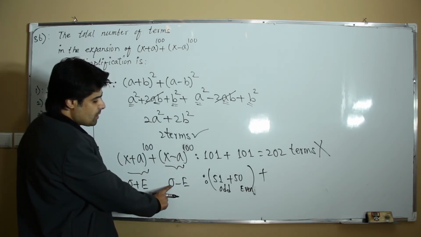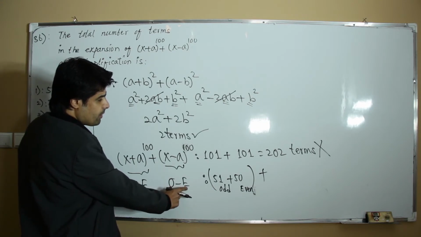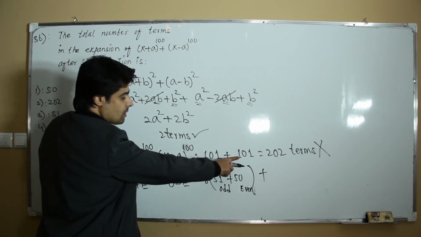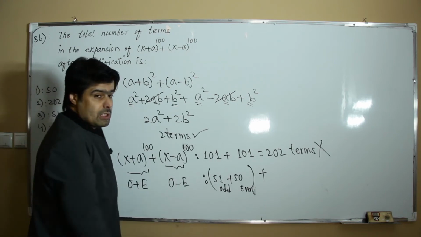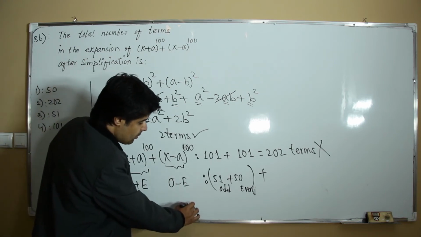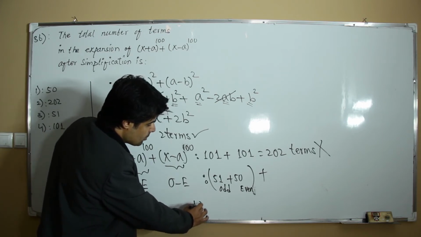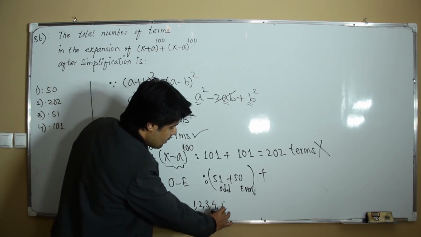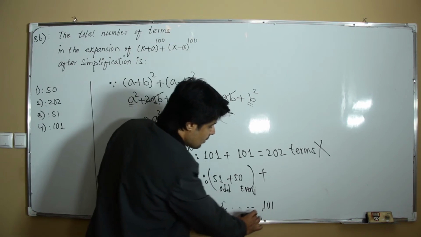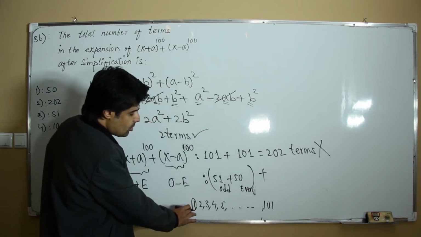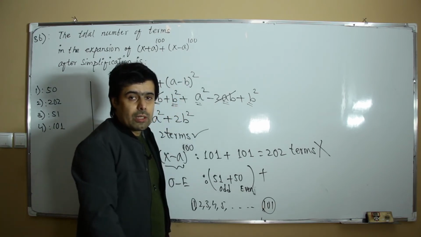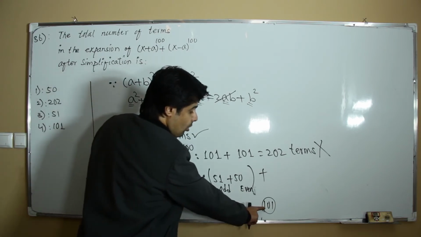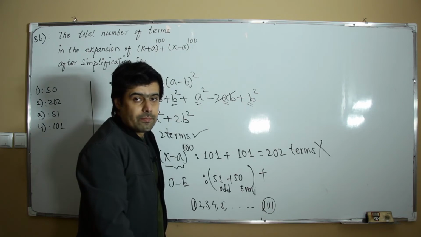How many odd terms does it have? Both of them 101 terms. So it has 51 odd terms and 50 even terms. Why? If I want to talk 101, 1, 2, 3, 4, 5, up to 101. Now what do you think? The first started by odd number. The last one is also odd number.